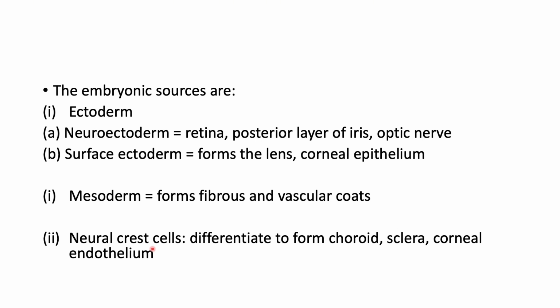The neural crest cells usually migrate to the mesenchyme of the mesoderm to form the choroid, sclera, and then the cornea endothelium. And so you will come to appreciate that the vascular and then the fibrous coats also contain the choroid and then the sclera.